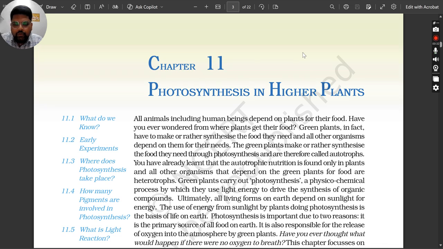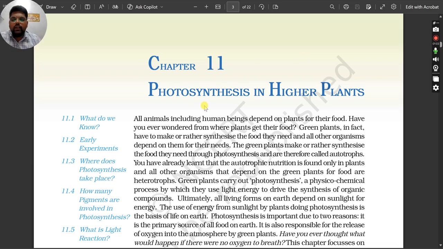And today I'm going to briefly tell about the first part of this photosynthesis: the early experiments and how they found out the equation of photosynthesis, and what the experiments or preliminary things were that they did before concluding the photosynthesis equation.